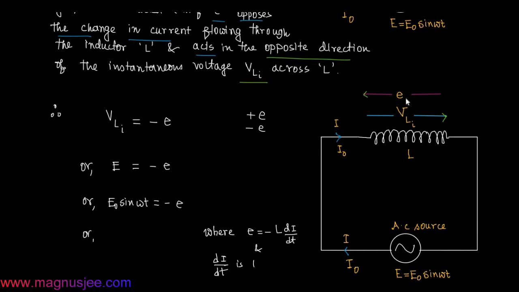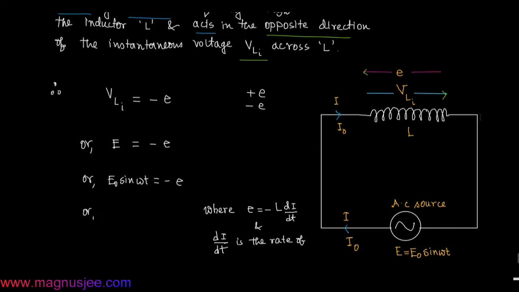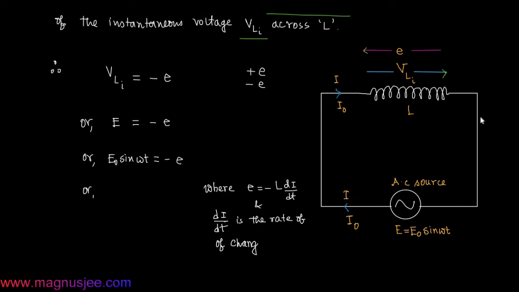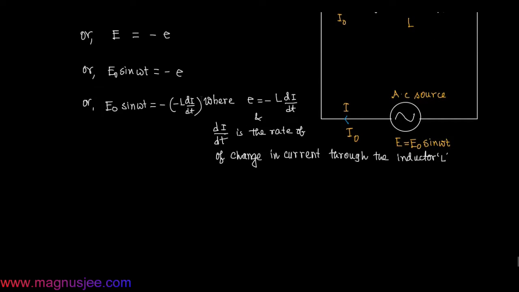That is, the induced EMF across the inductor L is e, which is minus L di by dt, and di by dt is the rate of change in current through the inductive coil of inductance L. Therefore, E0 sin omega t will be equal to minus of minus L di by dt.